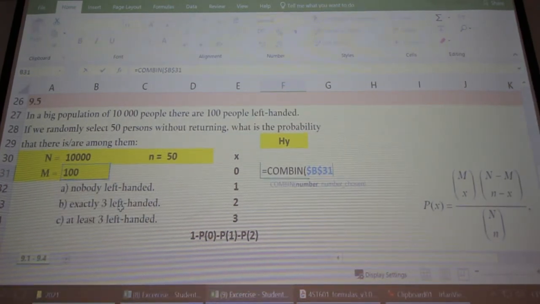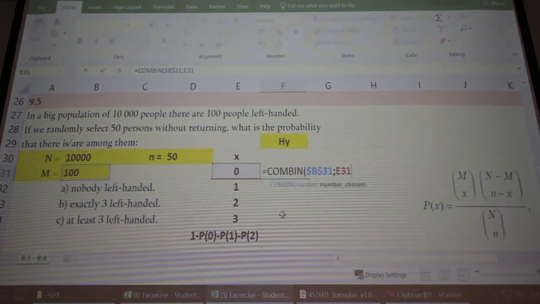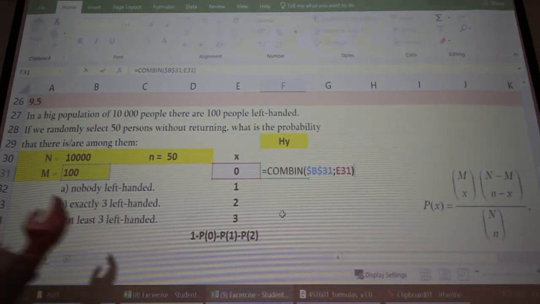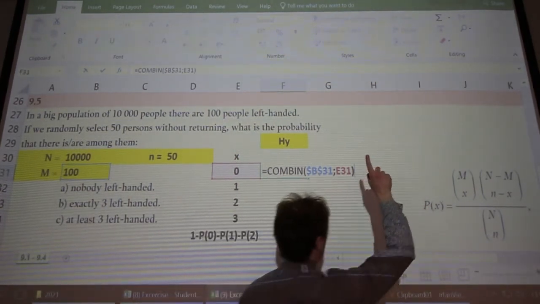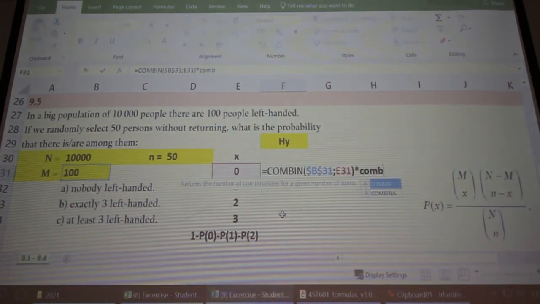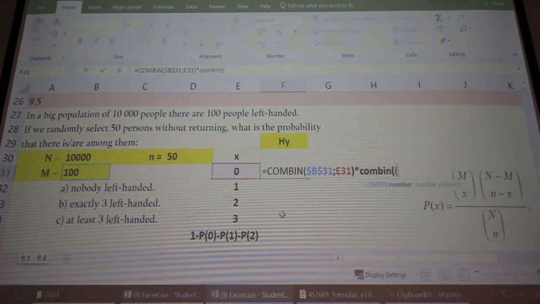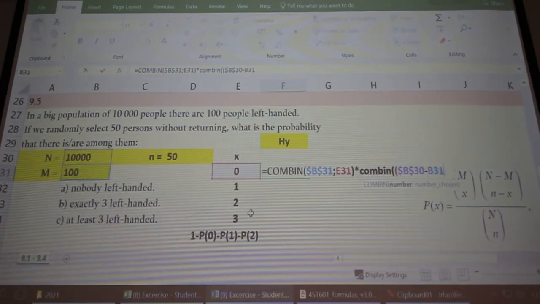The number chosen is x, and x is a variable, so this will not be fixed. You see that I did not use dollars. Multiplication, and another combination number. So write COMBIN, open the parenthesis, and open the parenthesis because there is a difference. Capital N must be fixed, please use dollars, minus capital M, 100, which must be fixed as well.